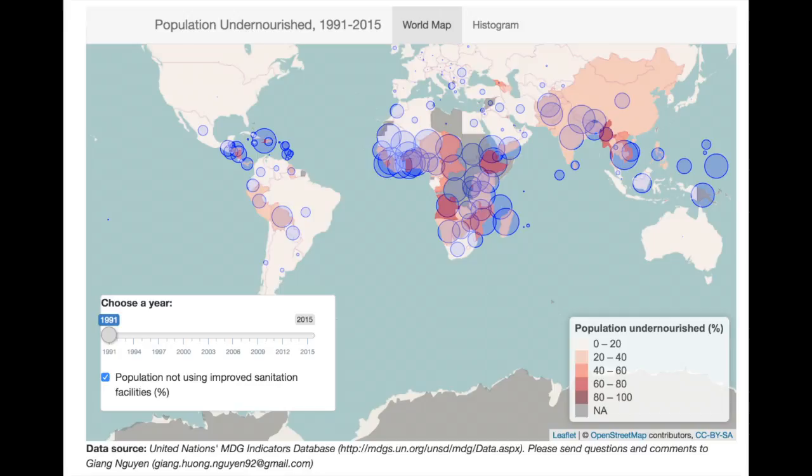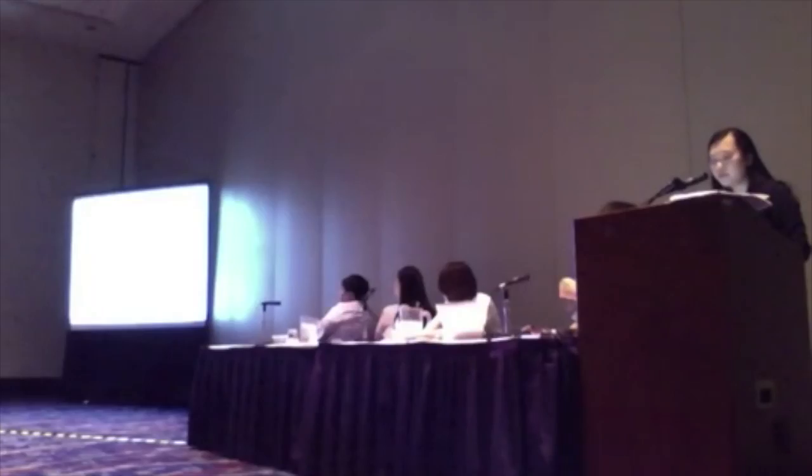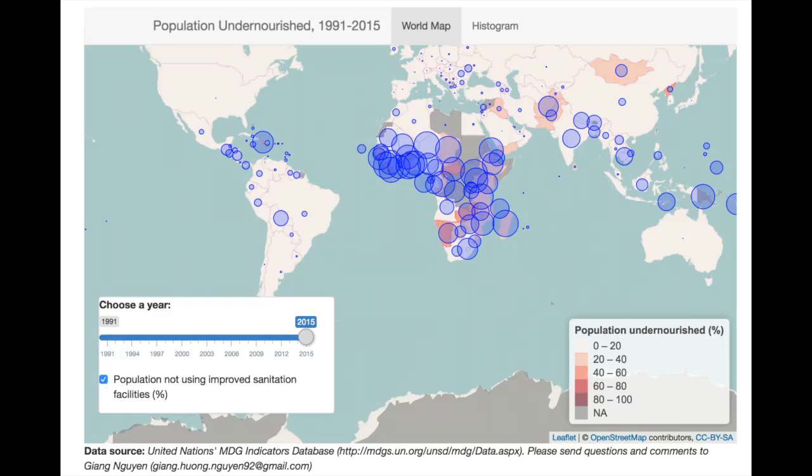Then we have other countries in Asia that suffer as well, and some in South America. So those countries would need help. Then fast forward to the most recent year, the situation improved significantly. For the most part, we only see Africa and some countries in Asia.